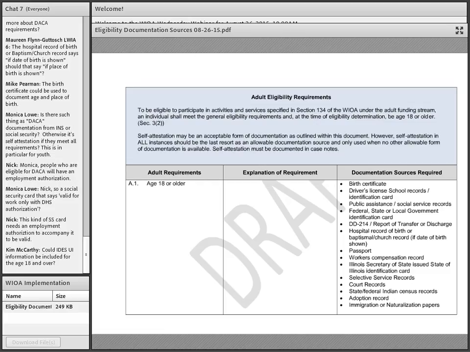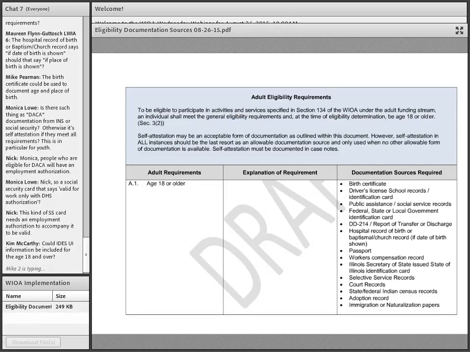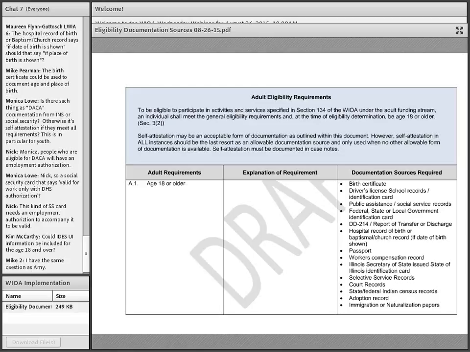Mark, how do you do that without just saying 100% of your customers must be priority? Well, in my mind, when a person comes in the door, you're determining their eligibility.